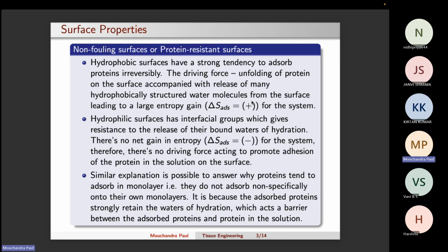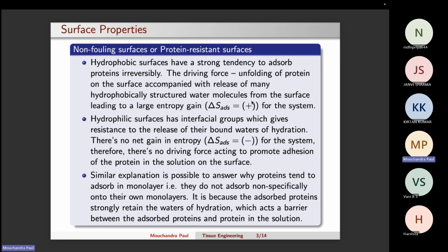Once they leave, the protein comes close to the surface, quickly unfolds, and adsorbs very strongly, and it cannot then go back to the solution. The adsorption has happened irreversibly.